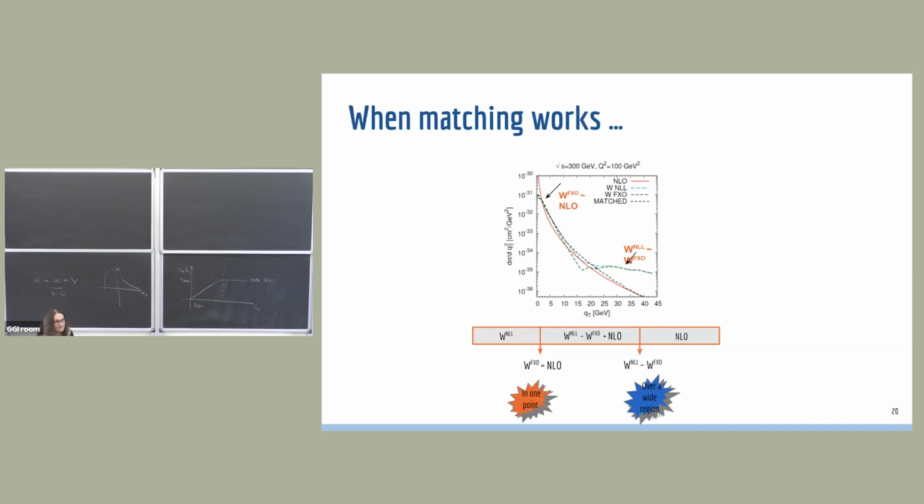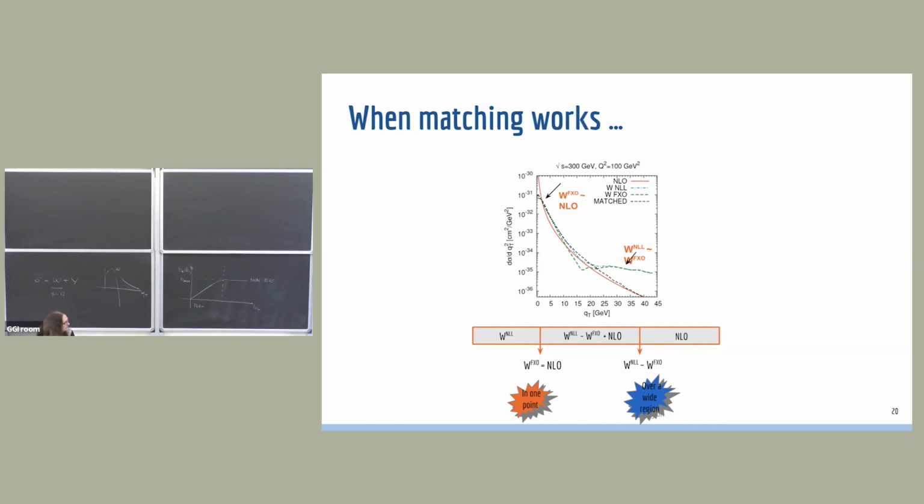But what happens is that the W at fixed order approaches the next-to-leading log computation more or less at this point here, okay? And then when you take the difference between this term and that term in your prescription, the cancellation is such that you are left with only W_NLL, and you can match your cross-section here, right?